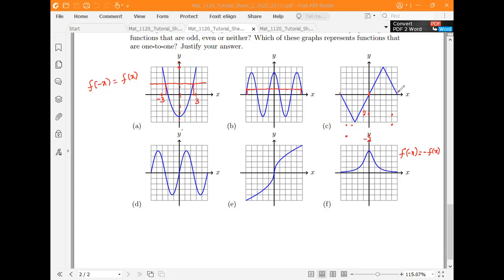But if you fold along the line y equals negative x, it will be covered. Then you know that it's an odd function, because I'm folding along the line y equals negative x.